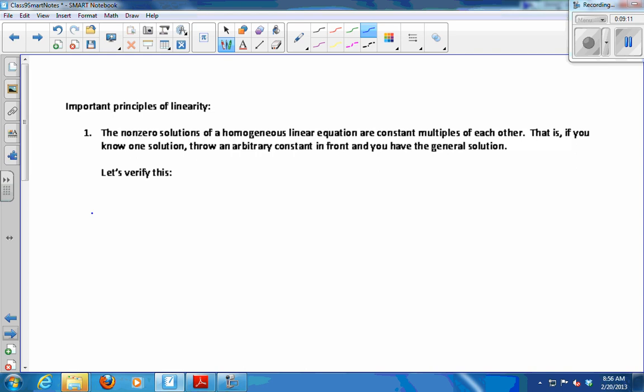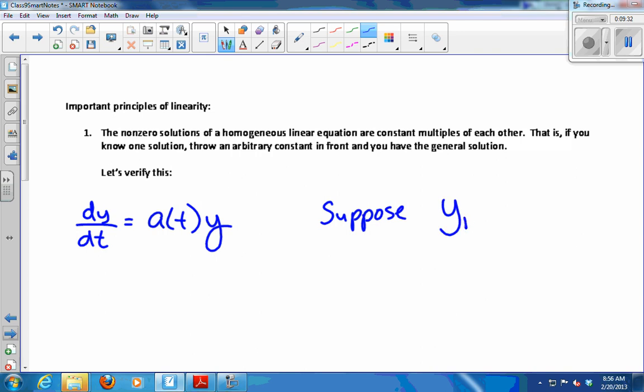I'm going to write down a generic homogeneous linear equation, A of t times y. And then I'm going to suppose that y sub h of t is a solution. Just a solution, not the most general, but a solution. I put the little sub h to stand for the homogeneous equation.